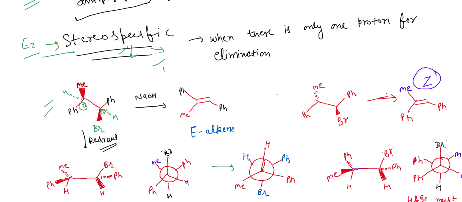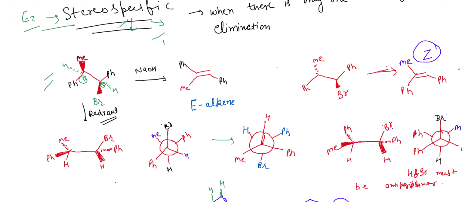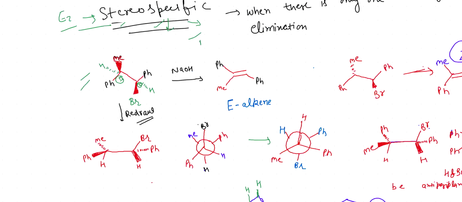If we redraw this structure, I will tell you later why we redraw it. But first of all, understand the concept. So I have a reactant in which the methyl group is above the plane and bromine is also above the plane. So what kind of product will we get? I will just draw a rough mechanism of it so that you can understand the concept.